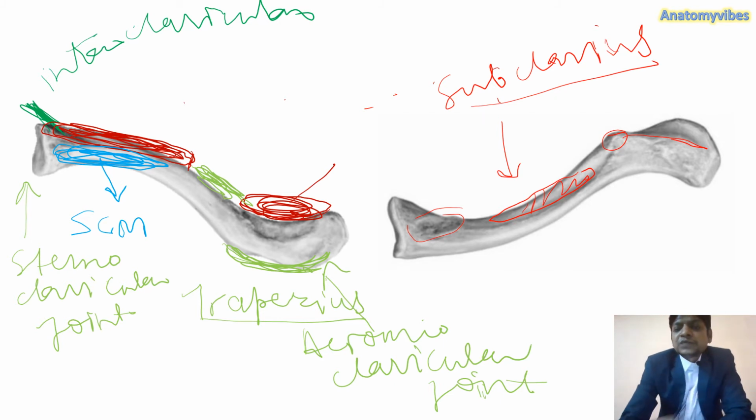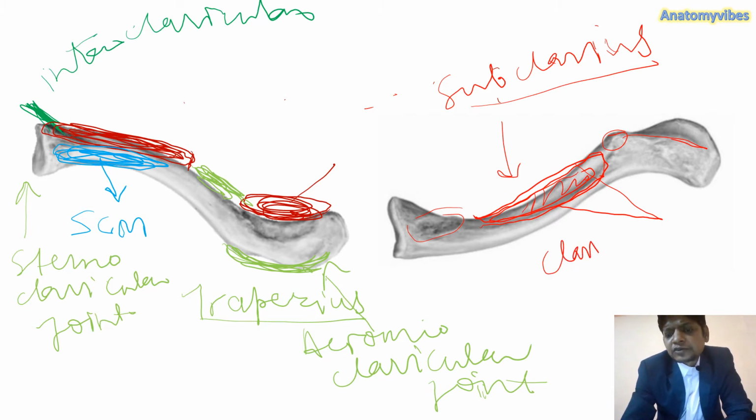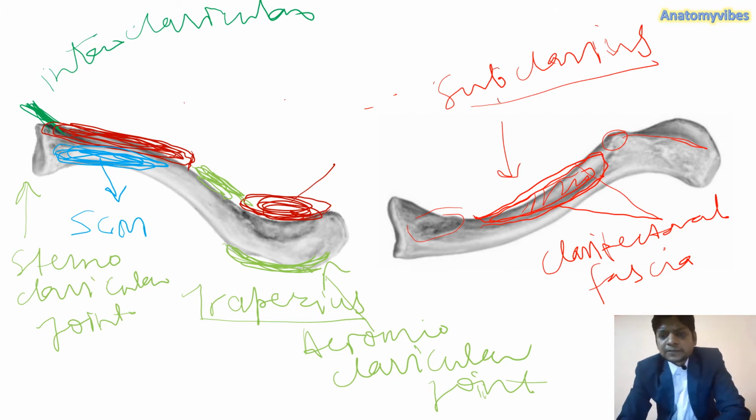On both sides of subclavius, the lip and the lower lip give attachment to the fascia known as clavipectoral fascia, which covers the subclavius muscle.